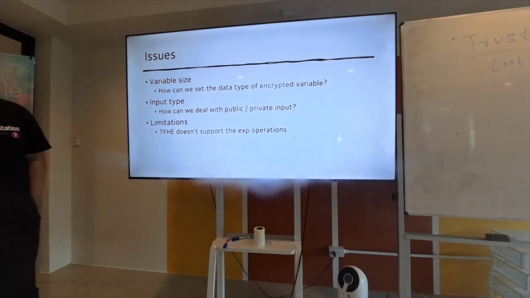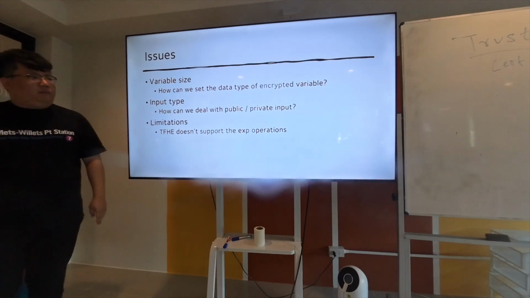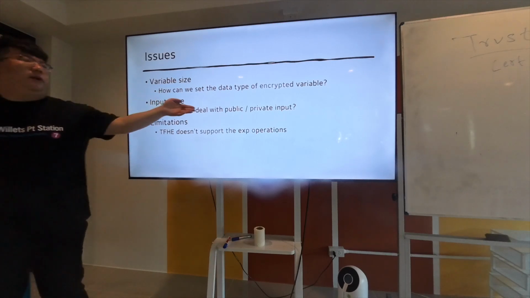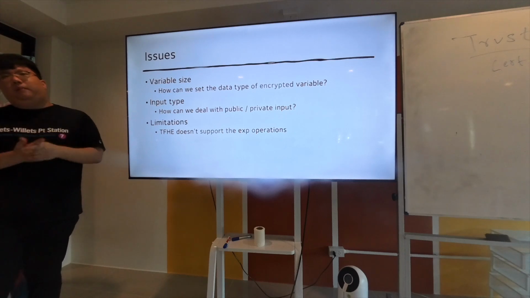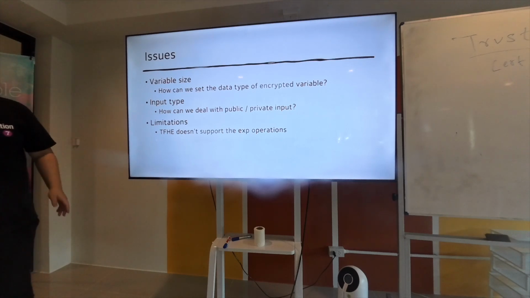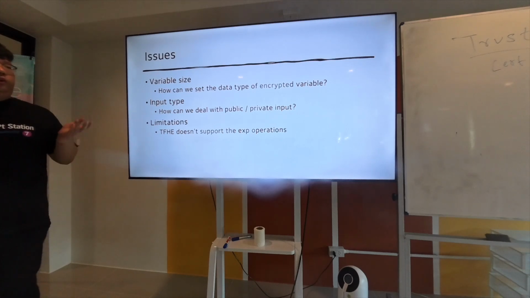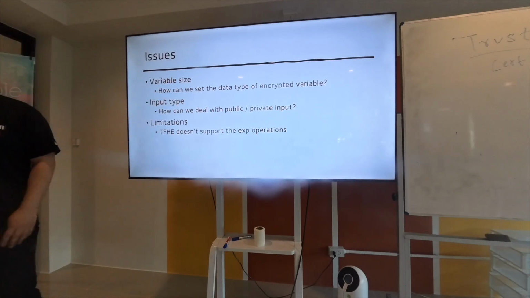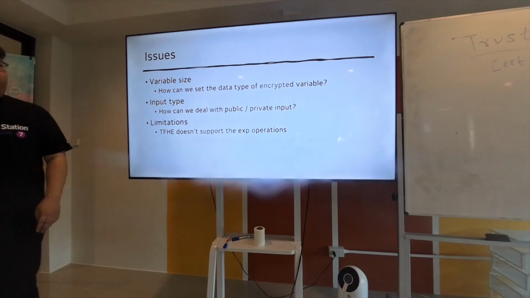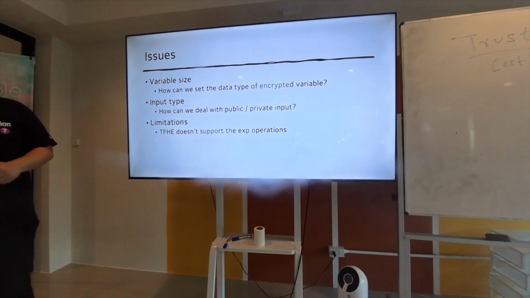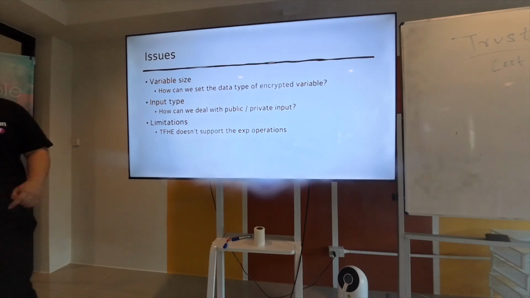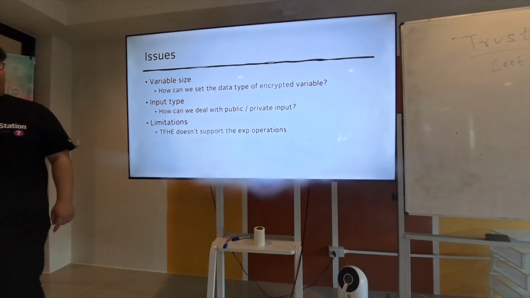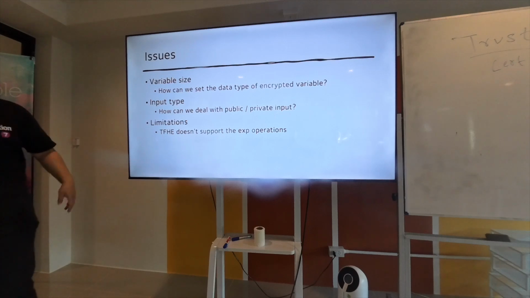The second issue was input type, meaning public and private inputs. In a Circom circuit, there are public and private inputs, so how can the TFHE program deal with them? It was pretty important. In the TFHE-rs framework, we can add or multiply a normal variable with an encrypted variable.